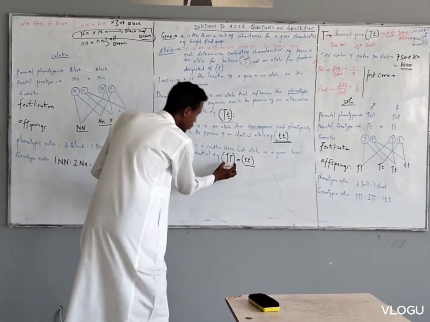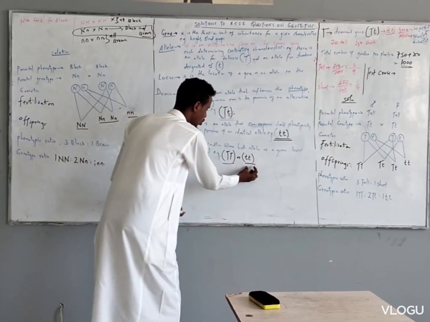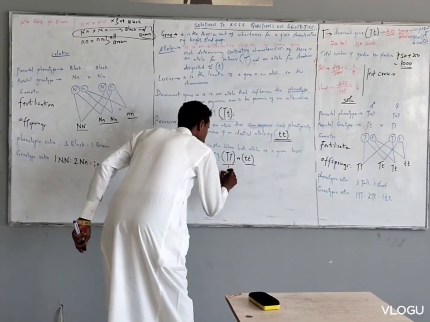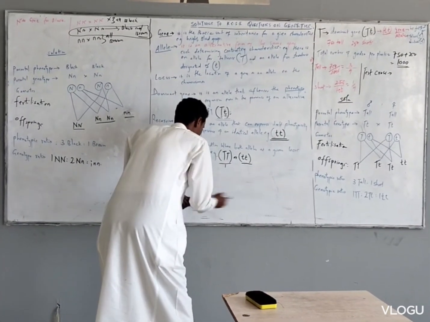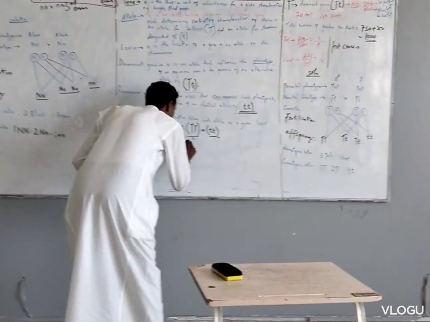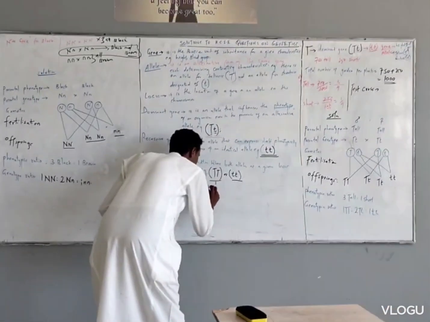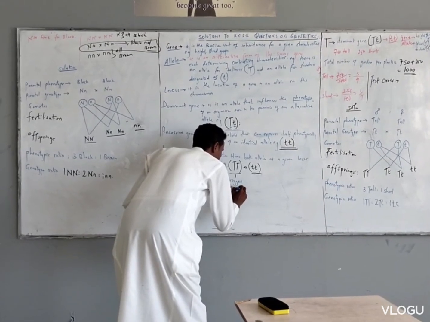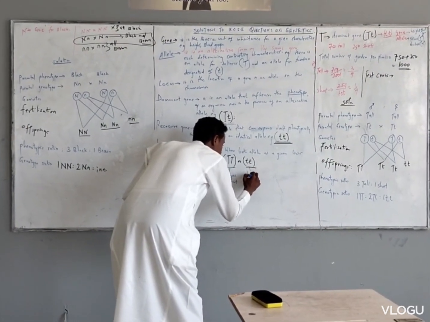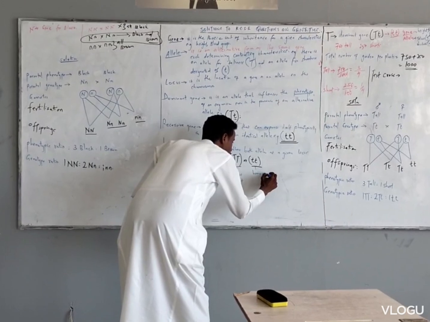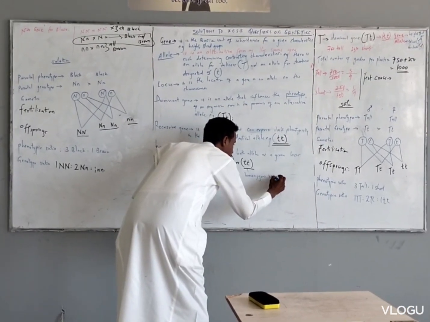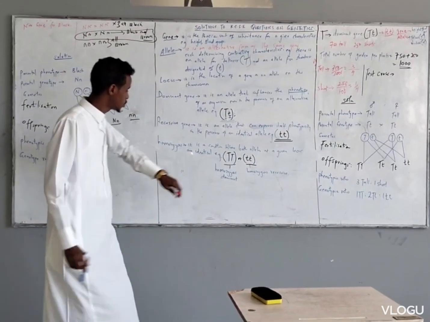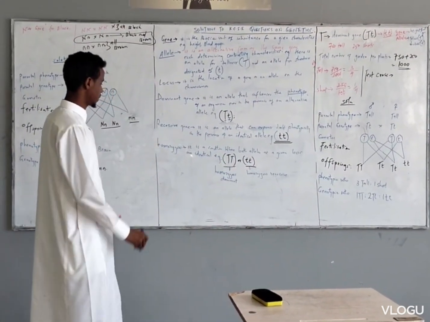This one is called homozygous dominant, and this is called homozygous recessive. This is homozygous dominant, and this one is homozygous recessive.